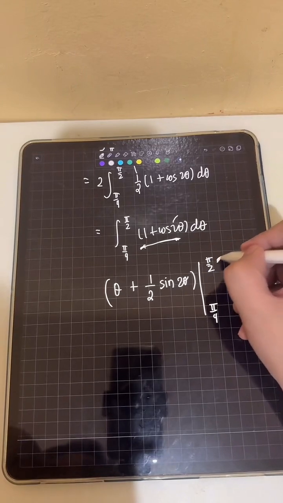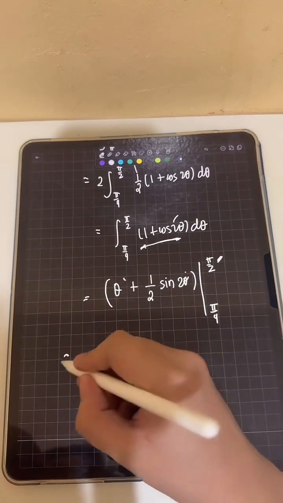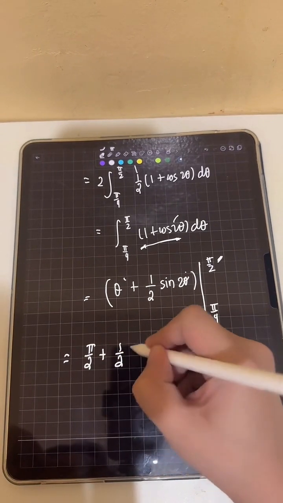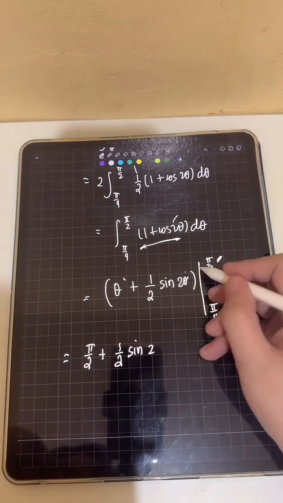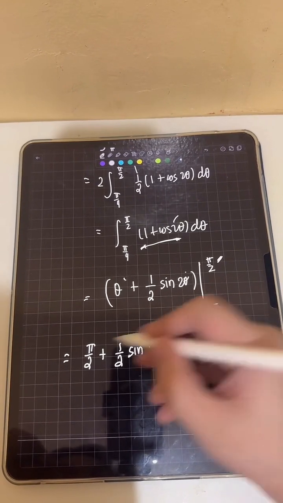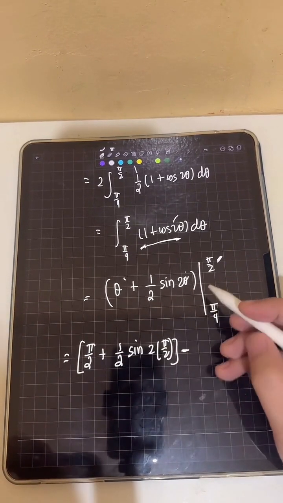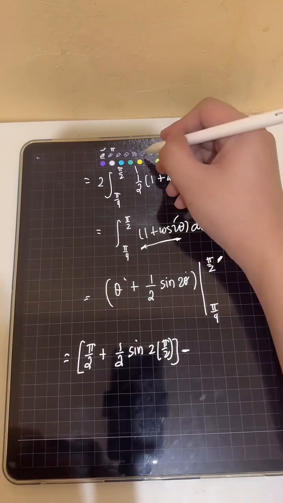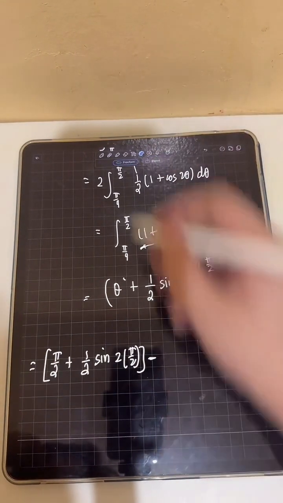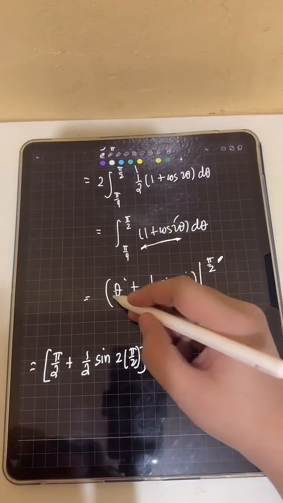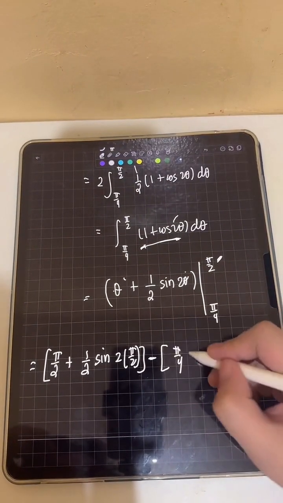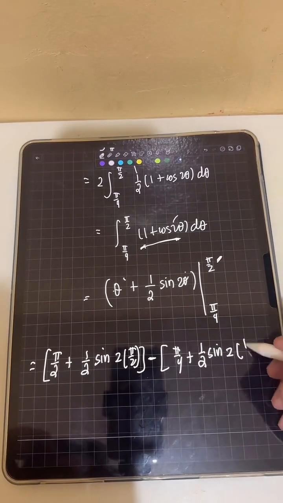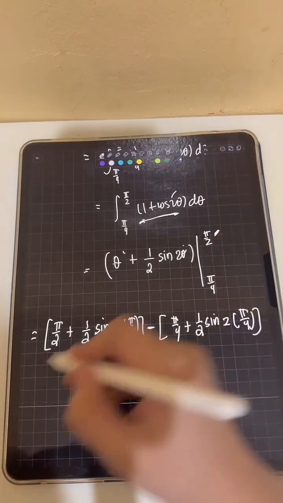So, we will substitute first the upper limit to every theta here. So, substitute theta with pi over 2 plus 1/2 sine of 2 times theta. Again, substitute with pi over 2. And then next, minus, this time substitute to every theta, pi over 4, the lower limit. So we have quantity theta, substitute with pi over 4, plus 1 half sine of 2 times pi over 4.